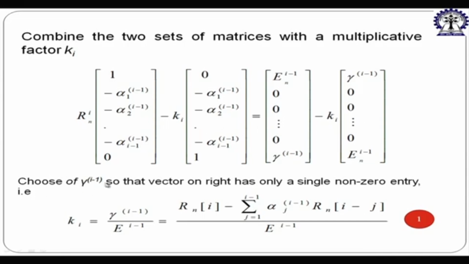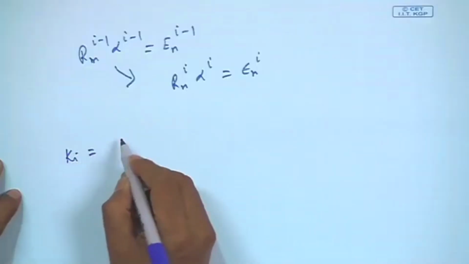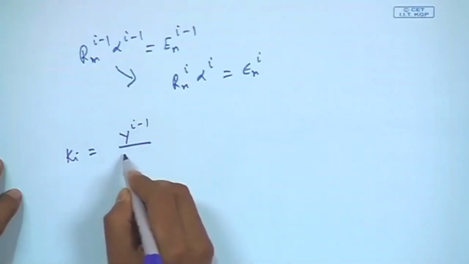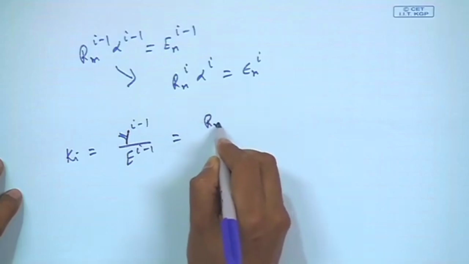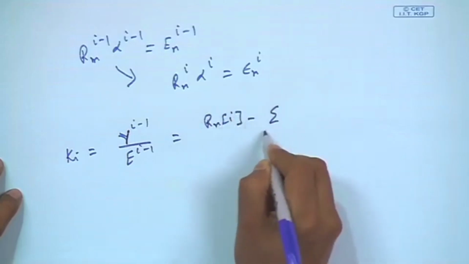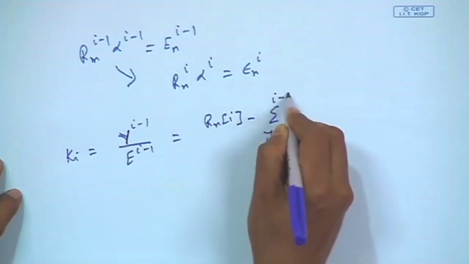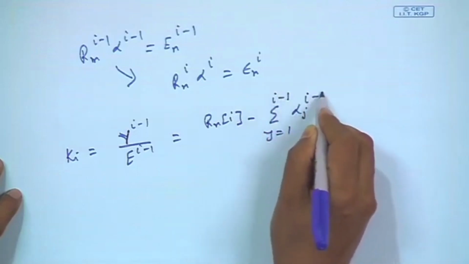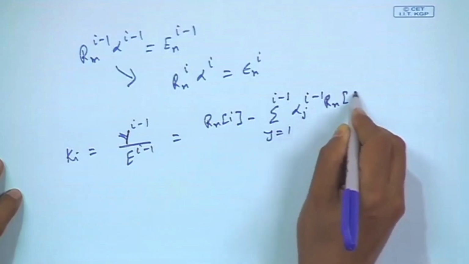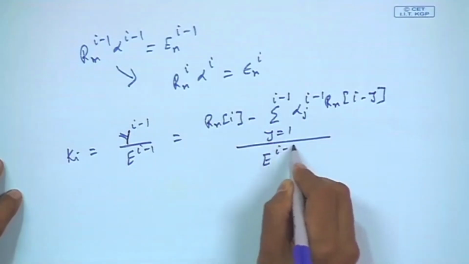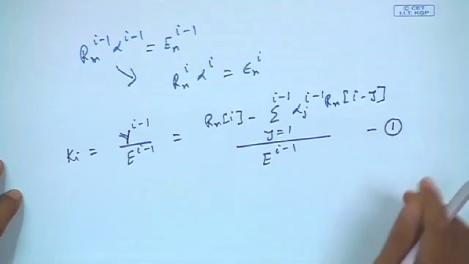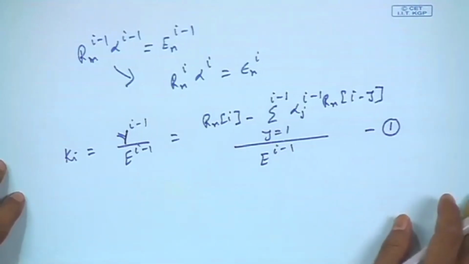Then we choose gamma(i-1) so that the right side vector has only a single non-zero entry. So k_i, the weight of the predictor, is nothing but gamma(i-1) divided by E(i-1), where gamma(i-1) is r_n(i) minus the sum over j equal to 1 to i minus 1 of alpha_j(i-1) r_n(i-j), divided by E(i-1). This is equation number 1 for the autocorrelation method solution k_i.